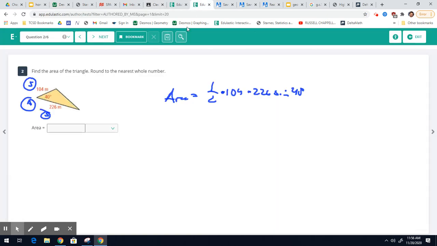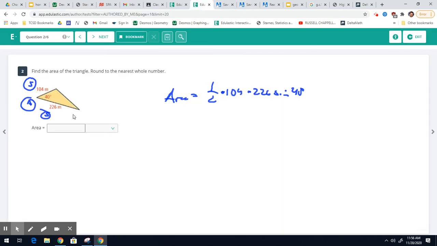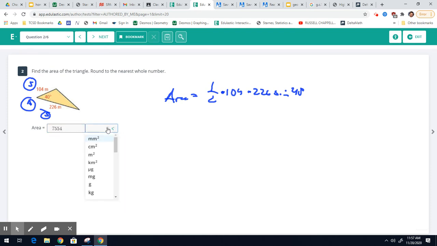And it says round to the nearest whole number. So 7554.0, the 0 leaves the 7554 alone. So 7554. And again, we're in meters, so that would be meters squared.